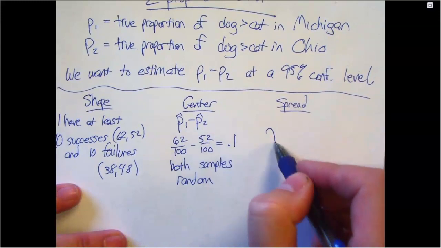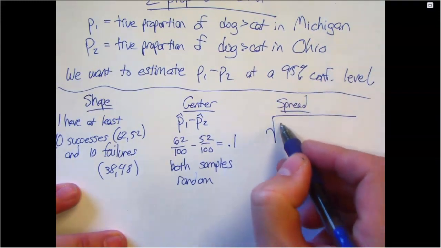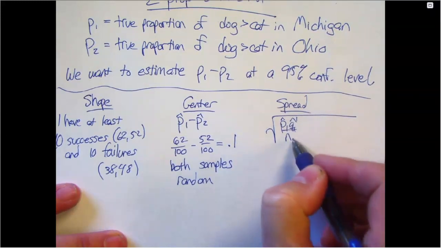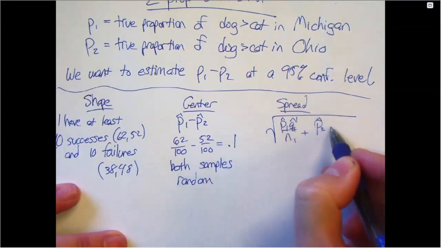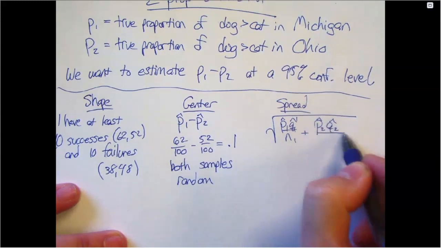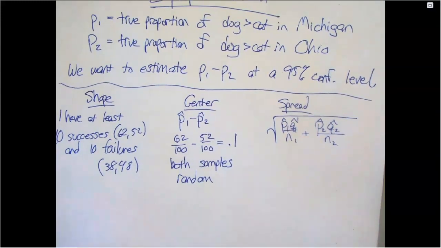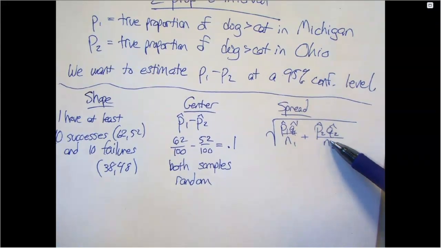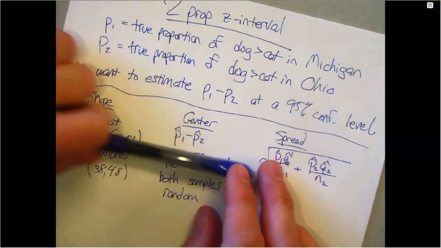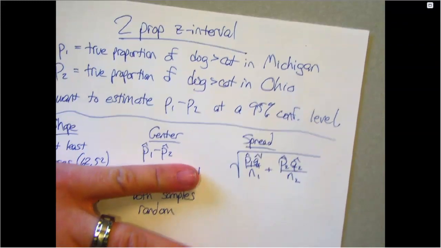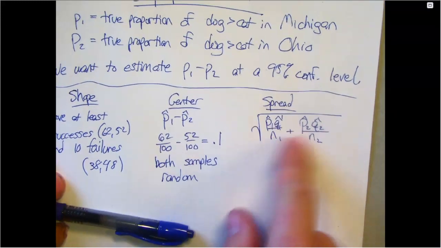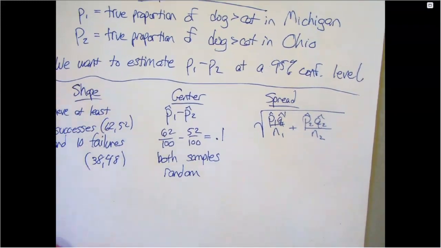And then the spread, square root of all this nonsense. P2 hat, Q2 hat. I could plug numbers in there right now, but I don't really see any need to. I didn't have to do the 62 minus 52 part either, because I'm just going to do it down there later. But that was easy, so I just did it. This one I don't want to do twice. That's too many numbers. I'm lazy.